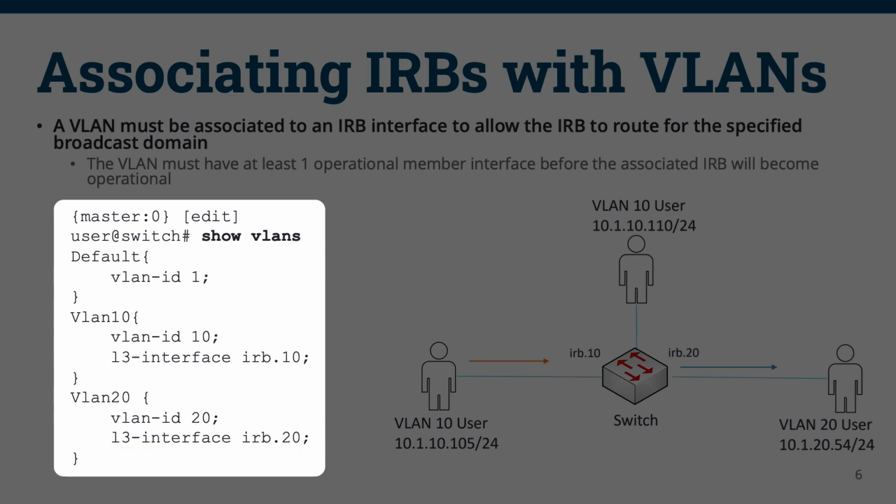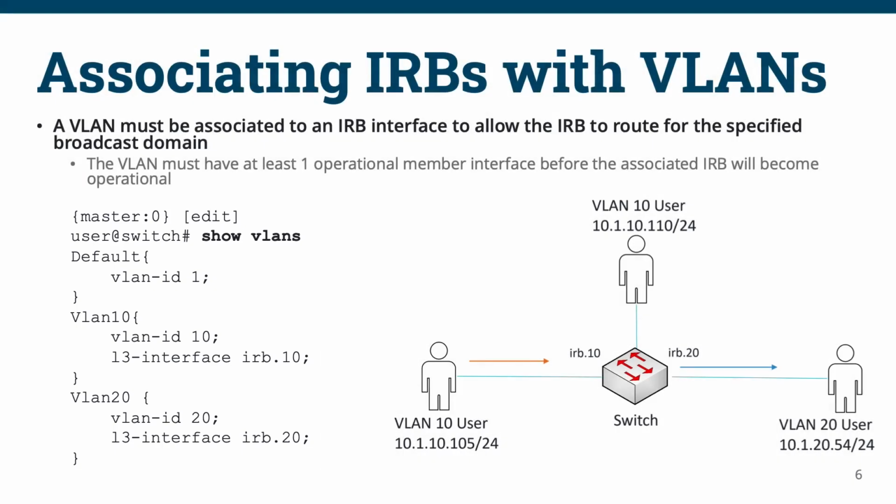In the edit vlans hierarchy, we enter the VLAN which the IRB should be associated with, and configure the l3-interface command, with the IRB interface logical unit that should be associated. Once associated, the IRB interface can then route packets on the specified broadcast domain.